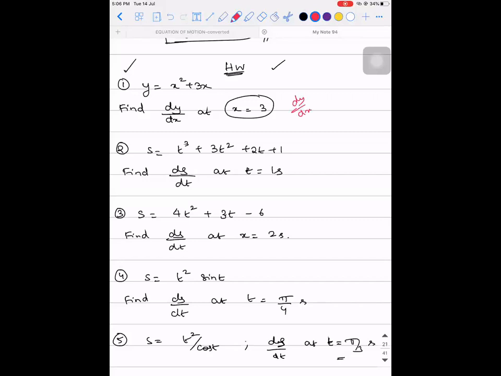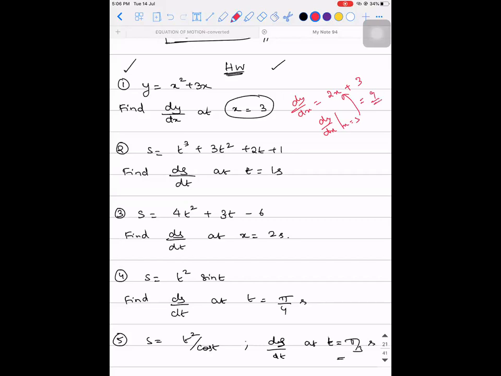So dy by dx is equal to derivative of x square, which is 2x, plus derivative of 3x, which is 3. We need dy by dx at x is equal to 3, so you should substitute it here. You will get the answer as 9.